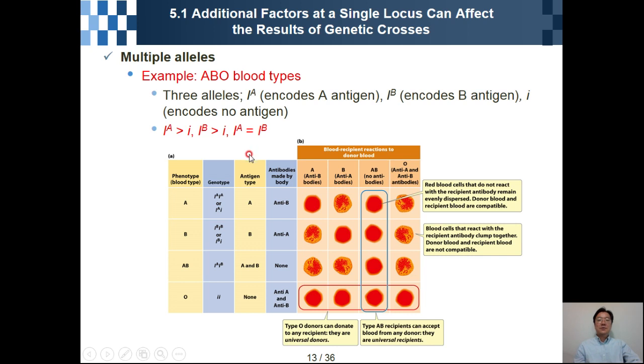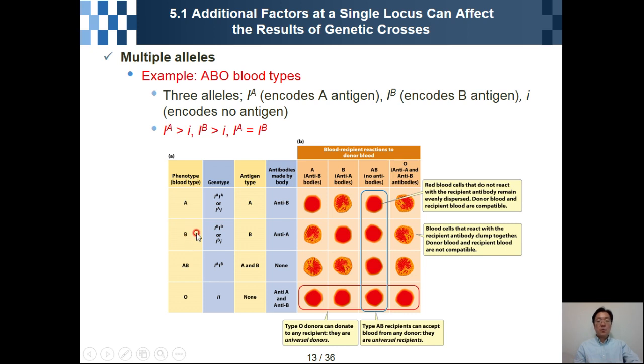So when the phenotype is A, the genotype will be large IA IA, or large IA, small i, and the antigen type will be A. How about blood type B?